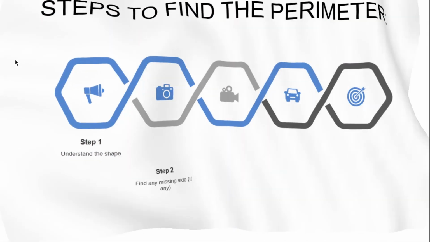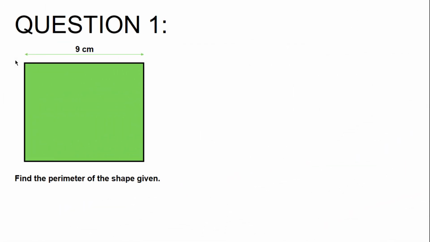So let us look at this question, and we know that this is a square, and we can see that I have only one side given to me as 9 centimeter, but none of the other sides are given. But since it is a square, it is very obvious that the remaining sides are each of 9 centimeters. So now I have my missing sides as well.